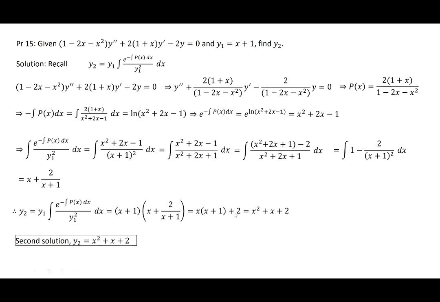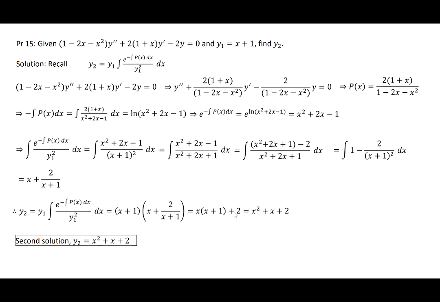One thing I have not done so far is check whether y1 and y2 are linearly independent. It's not enough if you find a second solution; you must find a second linearly independent solution. Why do you put that restriction?